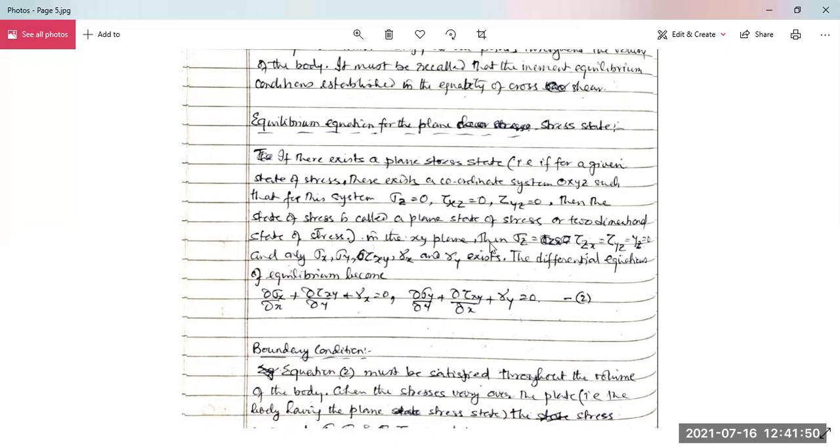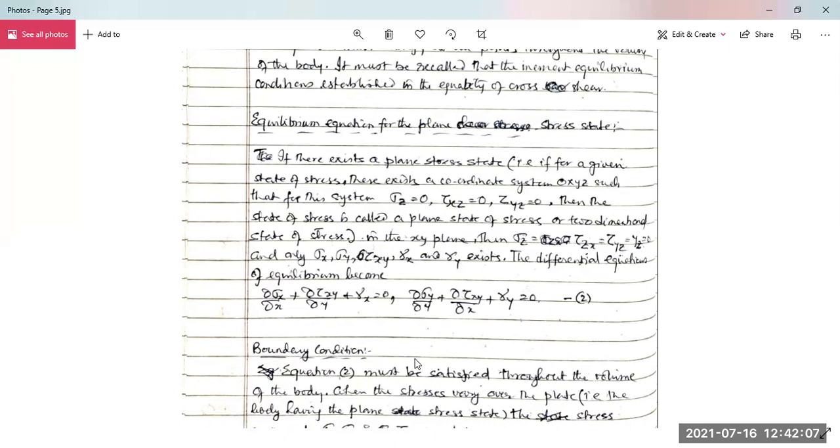Then tau zx, tau zy, and sigma z are all equal to 0. Only sigma x, sigma y, tau xy, gamma x, gamma y exist.